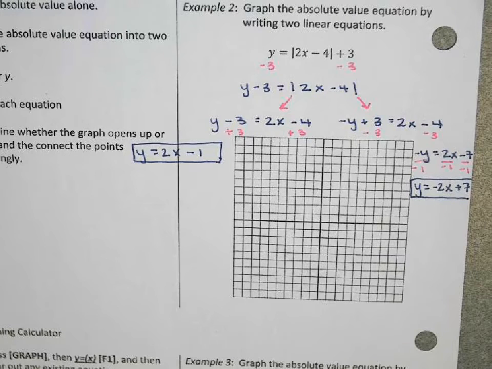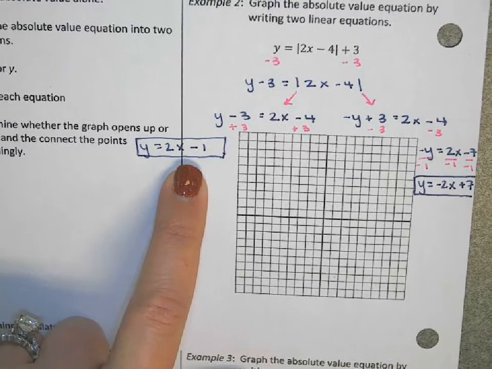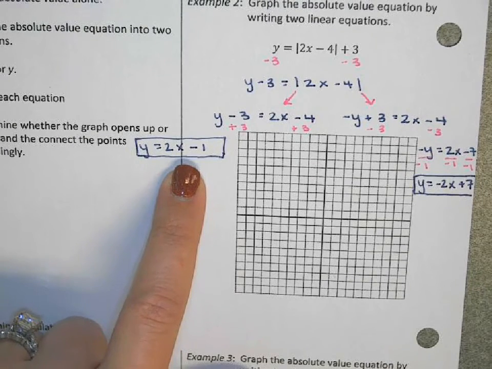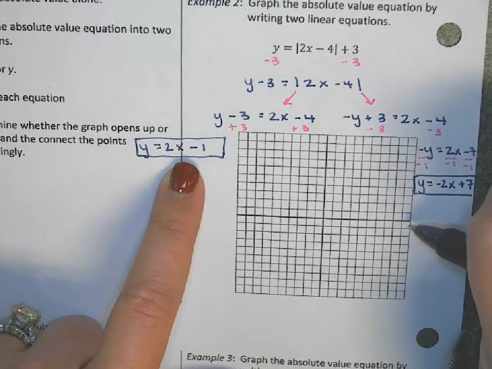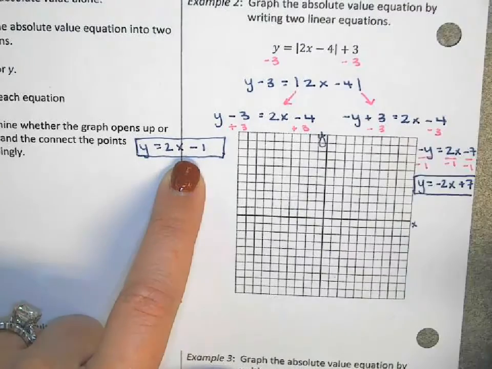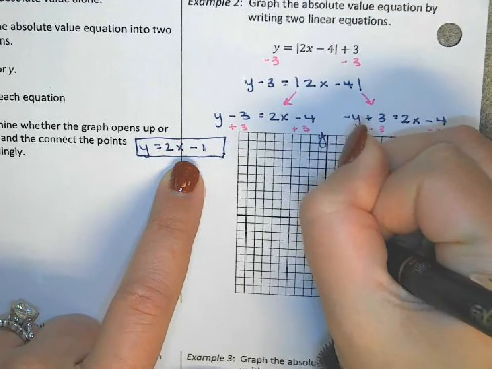Now that I have those two equations, what I can do is plot all the points. Where do I start if I have y equals 2x minus 1? Negative 1 on the which axis? On the y-axis, which is this one that goes up or down. So I'm going to go to negative 1.